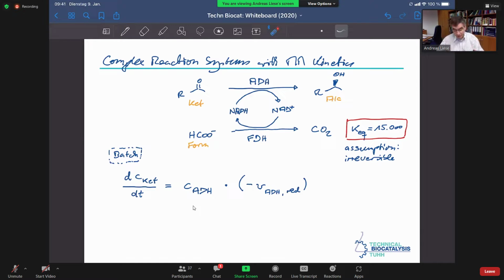Therefore, this looks different now. So if we formulate a change of the concentration, and let's say we now take the reduced cofactor NADH divided by dt, by the time, then we can once again say, okay, this cofactor is now dependent on the concentration of the ADH times, in the end, equal term here, because the rate of consumption determines the rate of consumption of the cofactor.